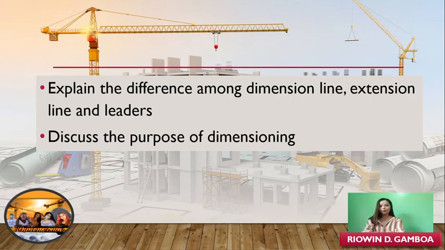So, to sum up the difference among dimension line, extension line, and leader line. Dimension lines are thin and are used to show the actual size of an object. There are arrowheads at both ends that terminate at the extension lines.